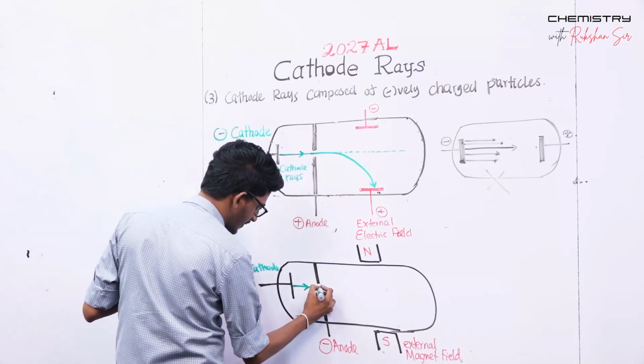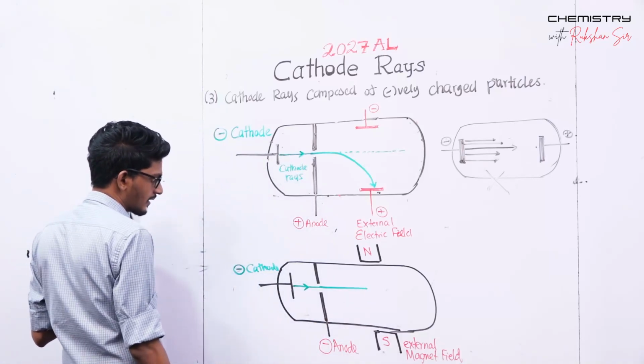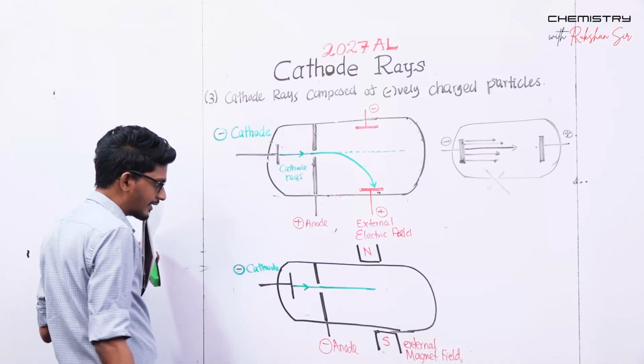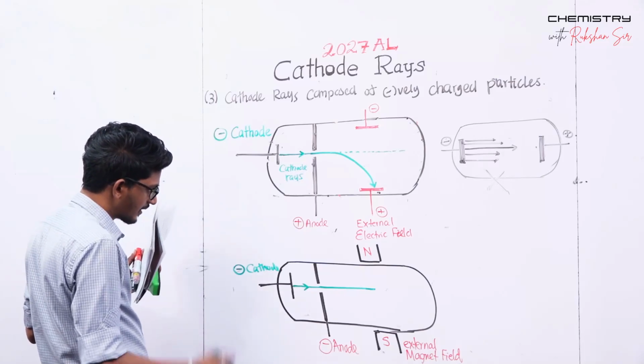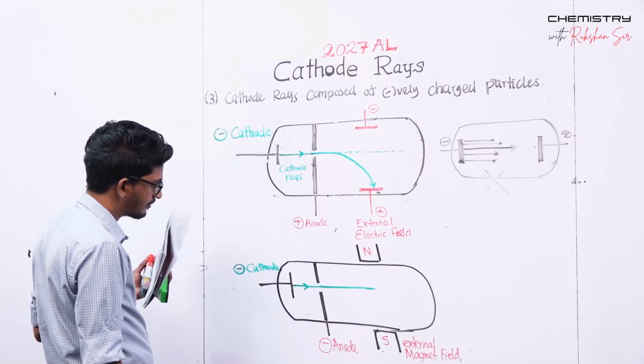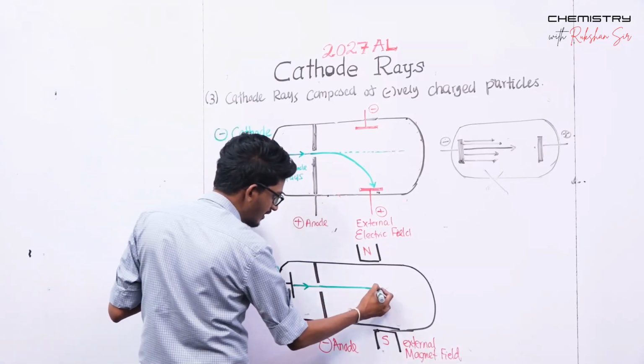What will happen, Lamai? It will come like this, till it feels the existence of the magnetic field. Till it feels the existence of the magnetic field, it will come, and then it will deviate.